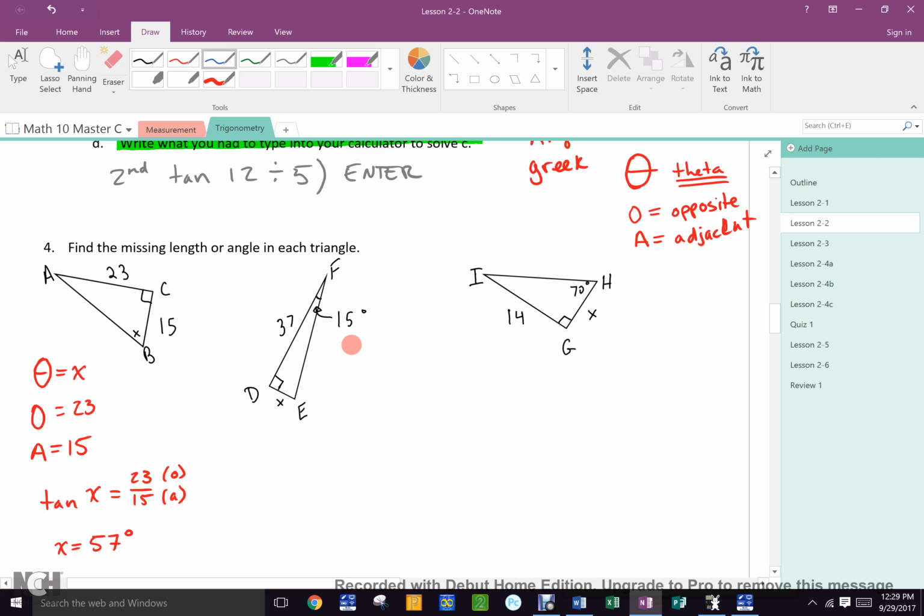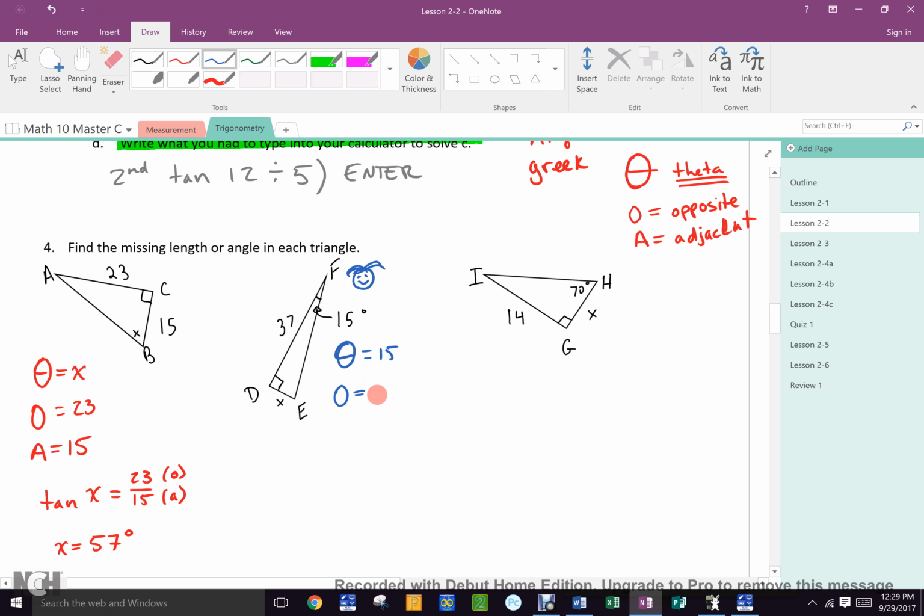So, let's look at the next one. Do I have a theta that I care about? What is it? No. Thetas are angles. It is 15. Now, once I have decided that that's my theta, that means that's where I'm looking at the triangle. So, I look, I see no hypotenuse, so screw it. But I see I have an opposite of what?